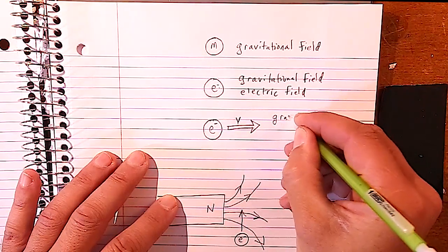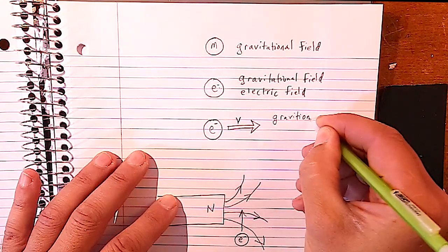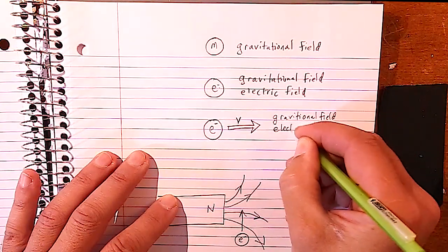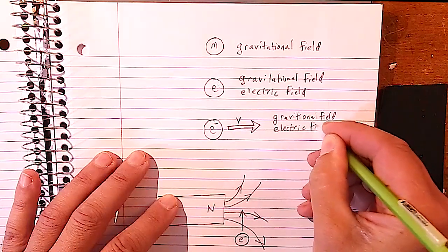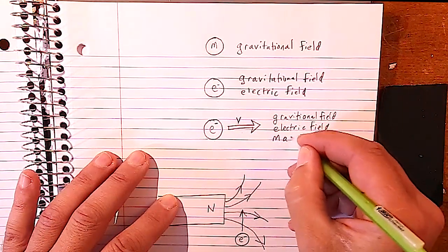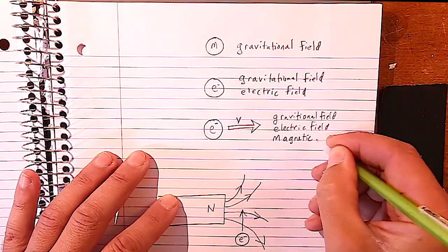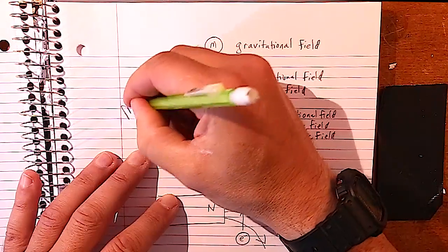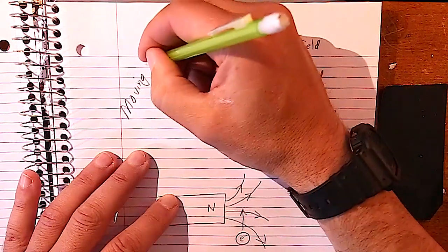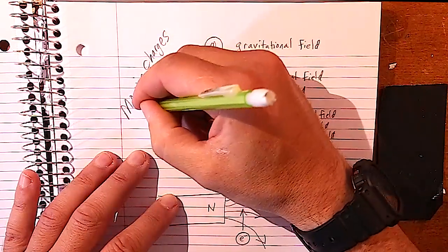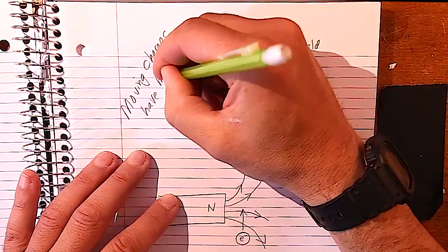So we have an electron, so we know that it has a gravitational field, and we know that it has an electric field, but if it is moving, it also has a magnetic field. So the main thing that you need to know here is that moving charges, and this could be true for a proton as well, moving charges have magnetic fields.